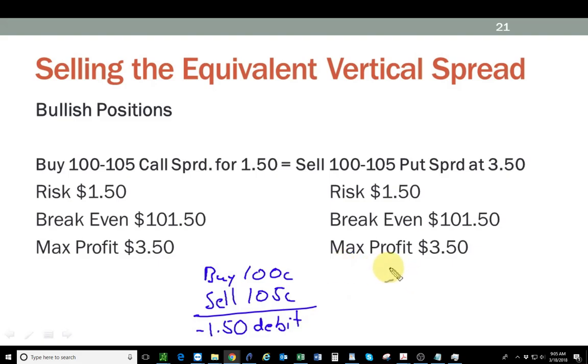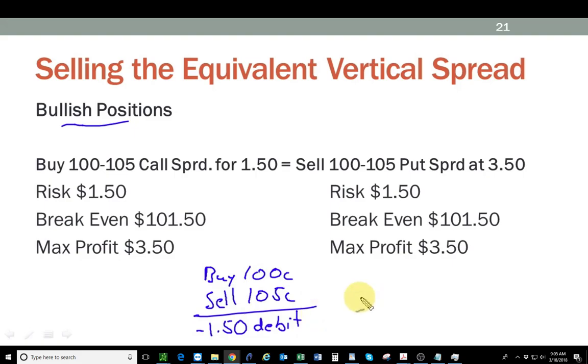It's actually the same as this. So wait, is this thing bullish or bearish? Anybody? It says right here, it's a bullish position. You want the stock to go up.